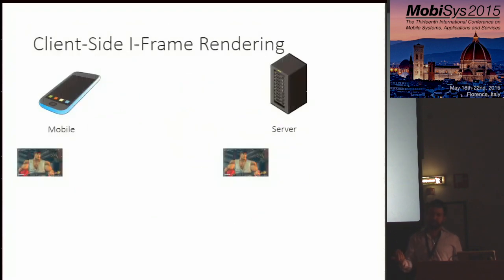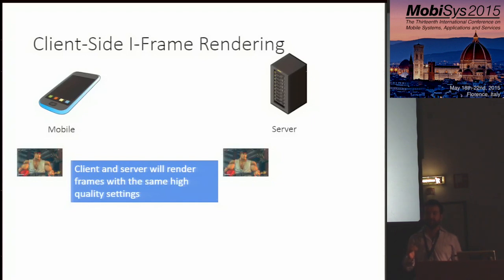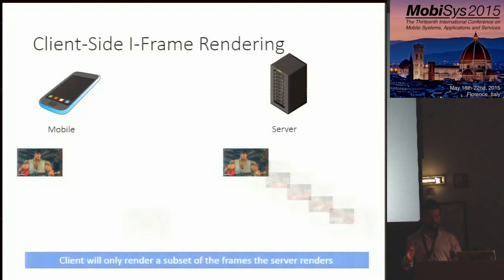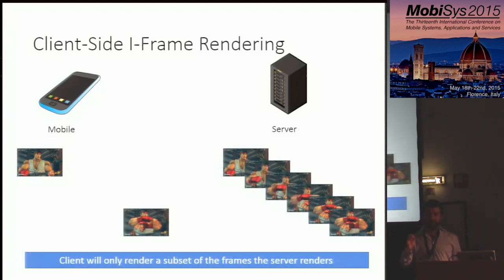So what does this have to do with our second technique? Well, in client-side iframe rendering, what happens is that the mobile device and the server will both render the same game at the high-level settings. The difference is that the server will render all the frames and the client will only render a subset of those frames.